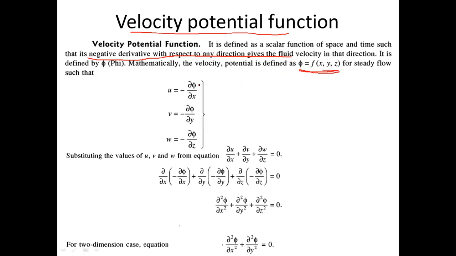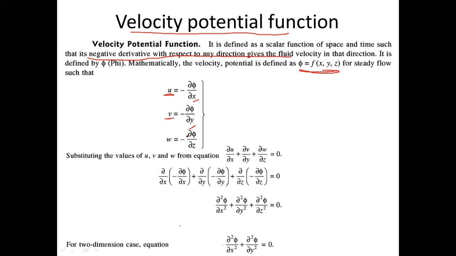If I'm taking the negative derivative of the velocity potential function phi in the x direction, it will give me the velocity in the x direction, which is u. Similarly, if I take the negative derivative of phi in the y direction, it will give me the velocity in the y direction, which is v.